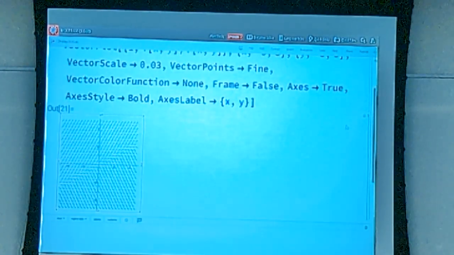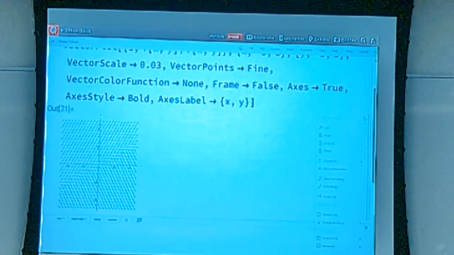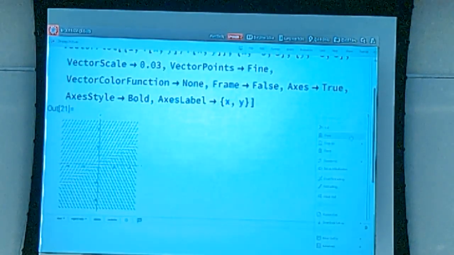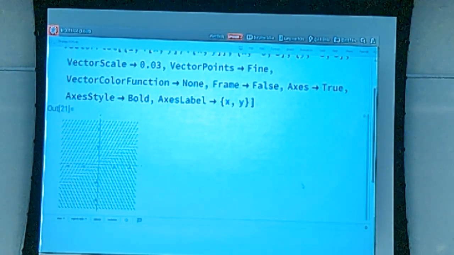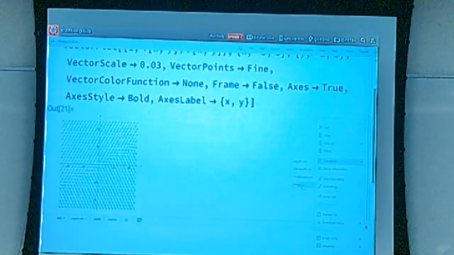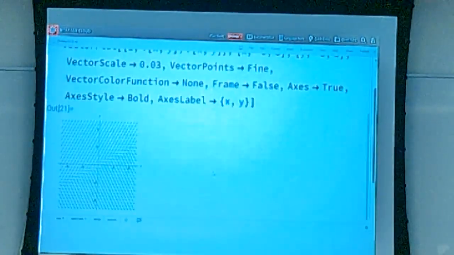Now what I'm going to do is I want to convert this. If I hit settings, the little gear icon there, convert to image. Well, I guess it did.